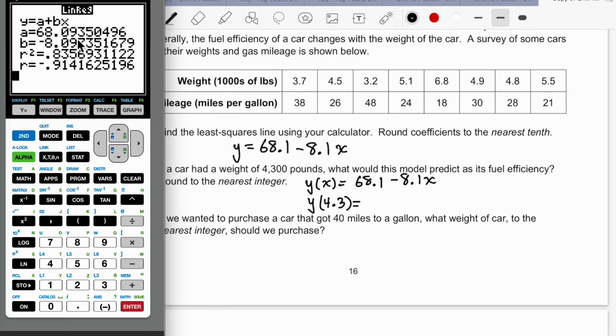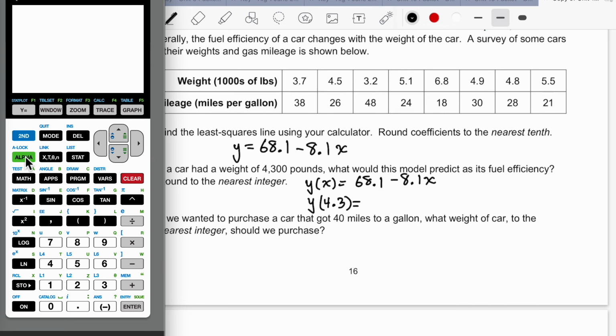All right, so the way we do that is in our home screen, hitting alpha trace y1 and typing in the 4.3. And they said round to the nearest integer, so 33 miles per gallon.